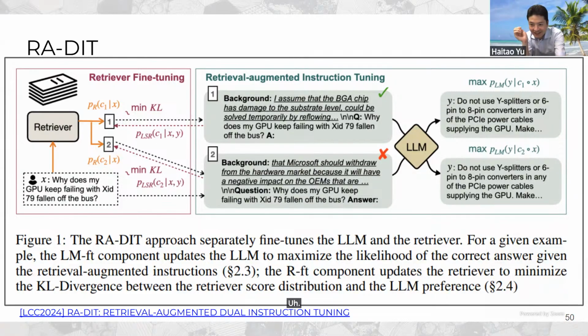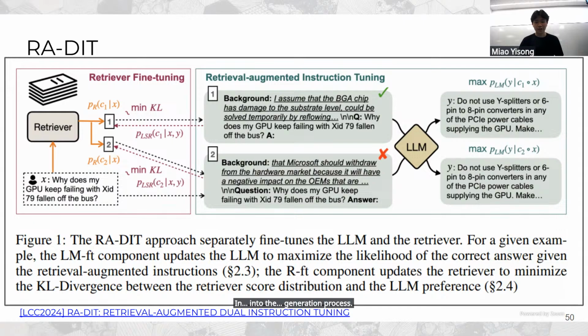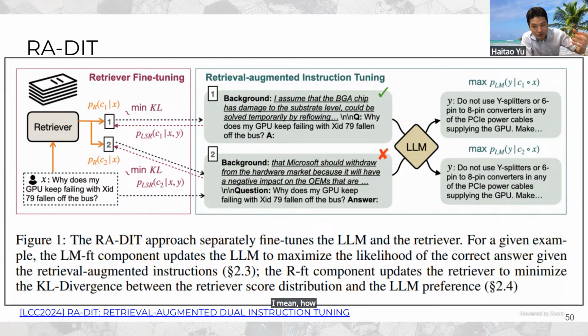This is Haitao online. Thank you very much. My question is, I'd like to know what type of representation, I mean, the way of injection, for this current method, RADIT, for the retrieved results. Are they injected as text or embedding vectors into the LM generation process? Very good question. How are the retrieved results injected?